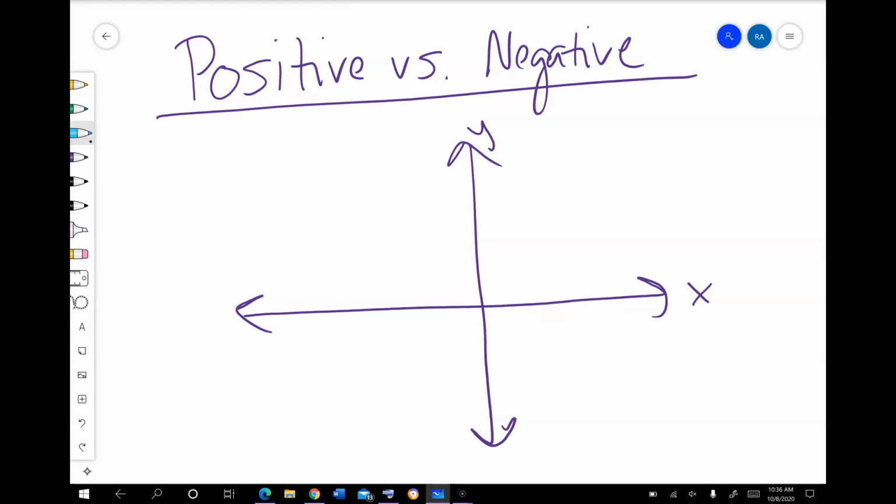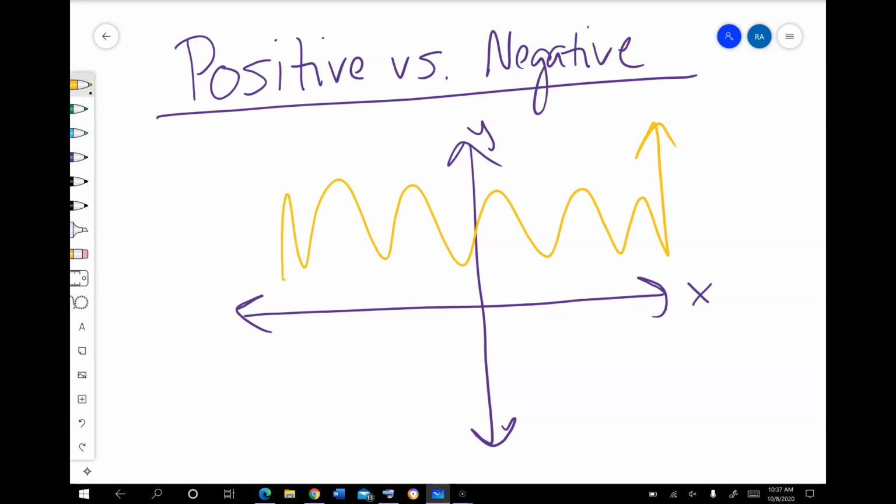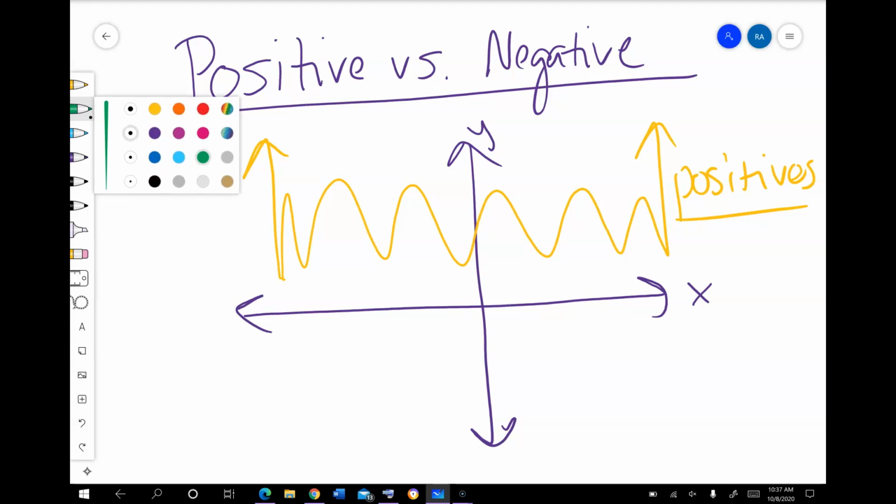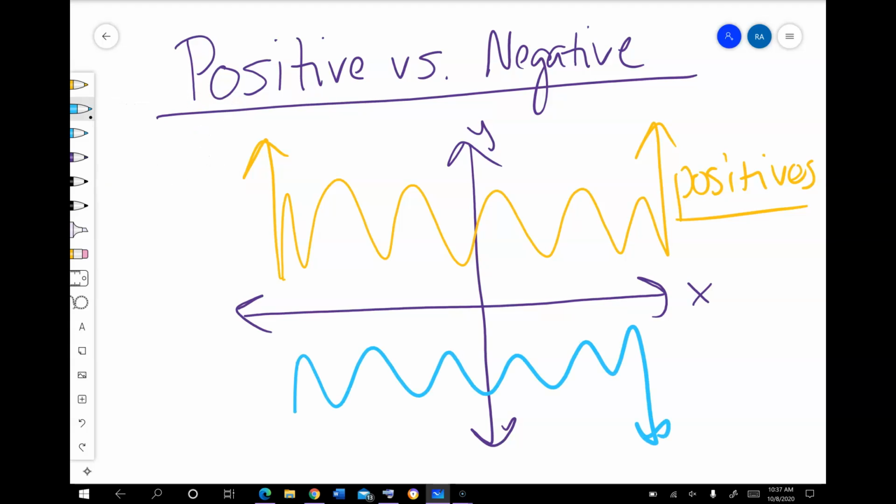So we know that everything above the x-axis is our positives. Everything up there is positive. Below the x-axis, anything down here or below, is going to be negative.